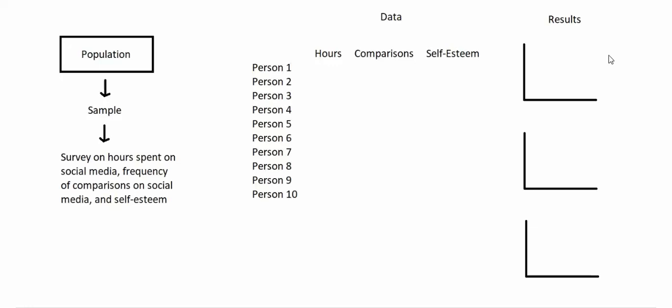And then the researcher would just report those three correlation coefficients. So the researcher would calculate a correlation coefficient for hours and comparisons, another for hours and self-esteem, and a third for comparisons and self-esteem, and then report those three correlations in a table, and that would be the correlational study.